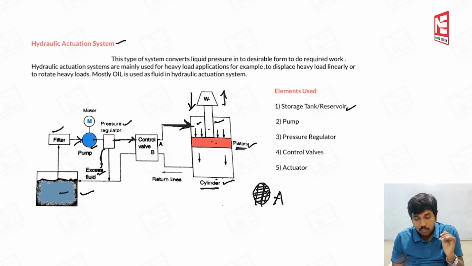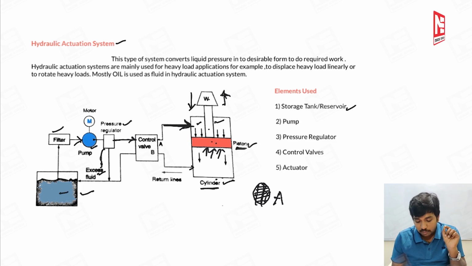Suppose you want to move the load in the upward direction, then what do we need to do? The fluid should enter at the bottom, and now it will apply pressure on the piston from below. Then obviously the piston and cylindrical rod both will displace in the upward direction. Then the weight or the load will be displaced in the upward direction.